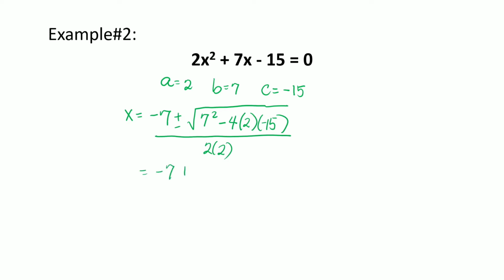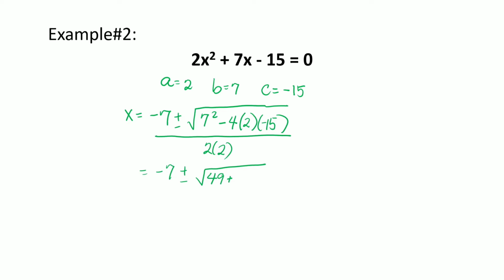Negative 7 plus minus the square root of 49 minus, oh, there are two negative signs here. So when you multiply this negative 4 and that negative 15, that will become positive.